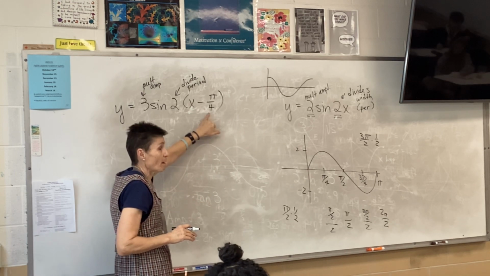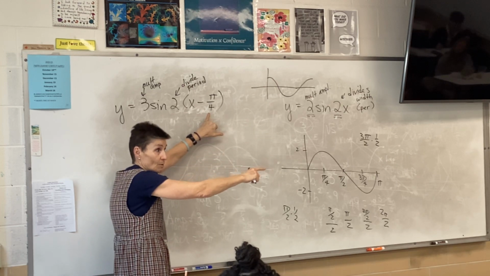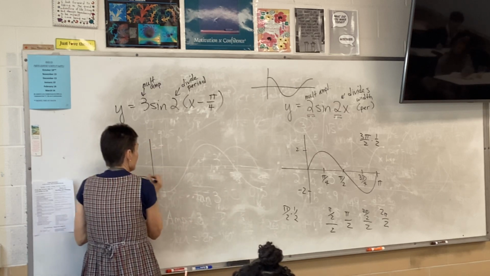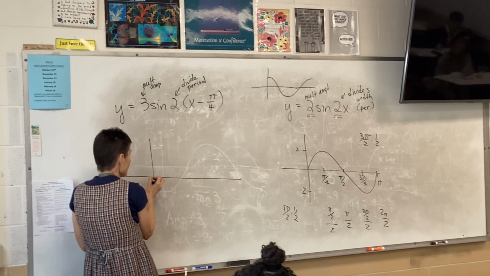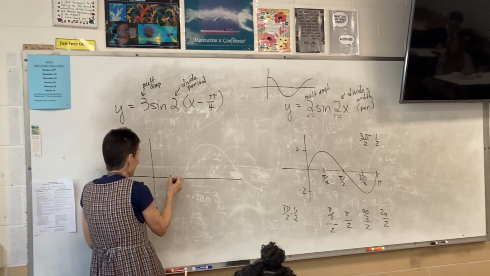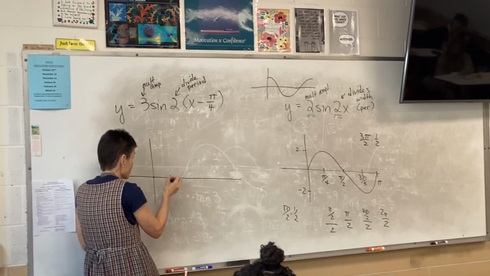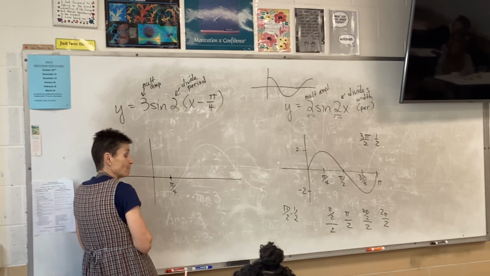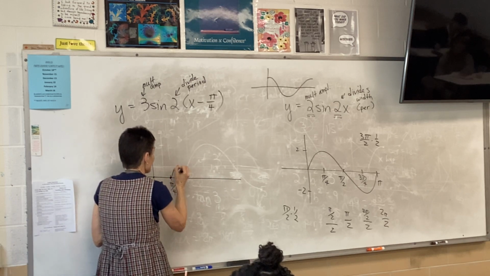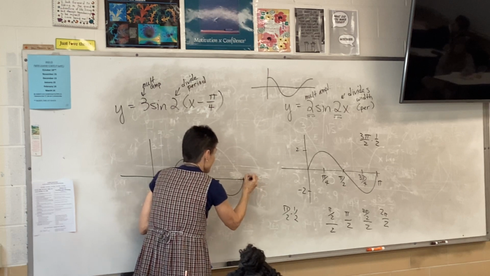Minus pi over 4 means we're actually shifting to the right. So what does that mean in terms of my picture? It means that your sine curve, which was supposed to start here, is now going to start over here somewhere at pi over 4. So this is going to be the beginning point of your sine. It's a positive sign, so it's going to have a hill and a valley, and it's going to end right there.